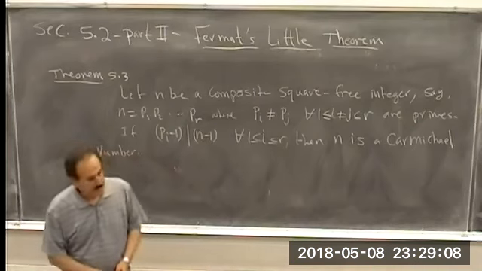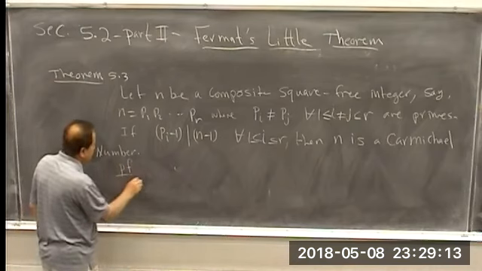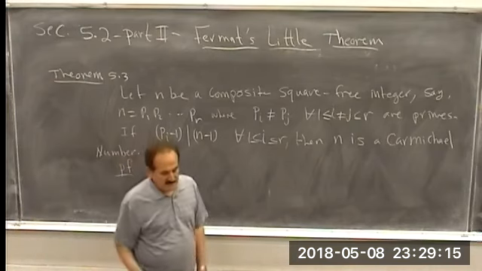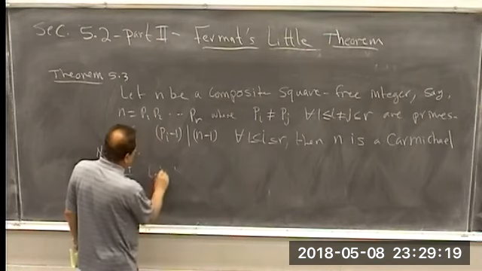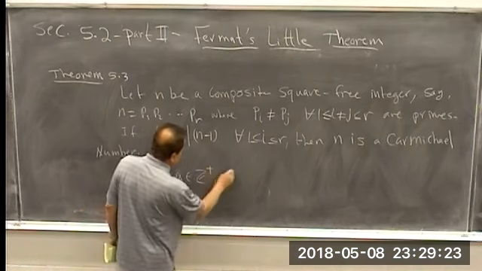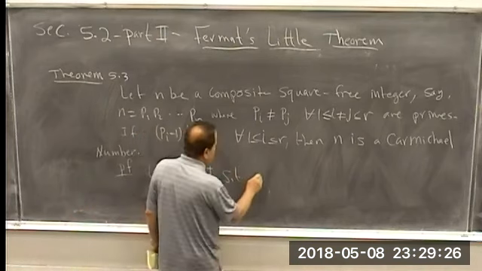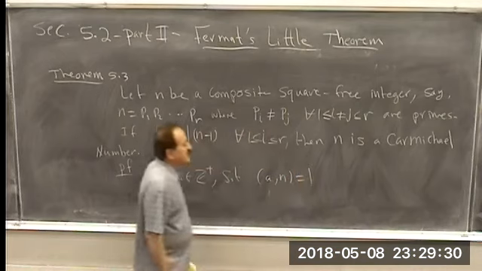And actually, it's not that hard. First of all, let's take a positive integer A such that the greatest common divisor of A and N is equal to 1.